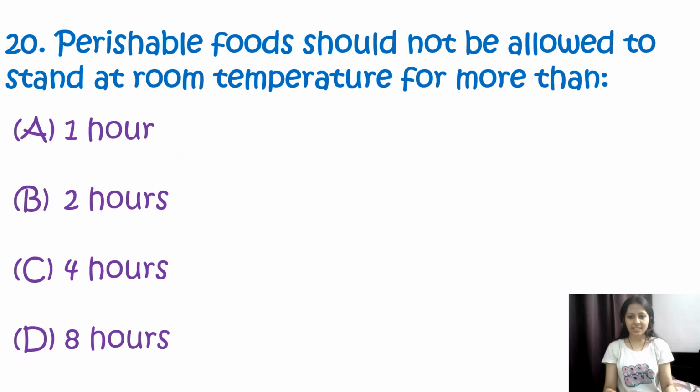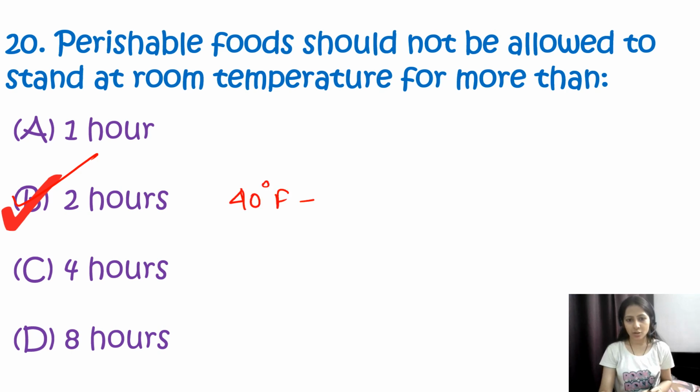Question number 20. Perishable foods should not be allowed to stand at room temperature more than, so the options are 1 hour, 2 hours, 4 hours or 8 hours. So perishable foods should not be allowed to stand at room temperature more than 2 hours. Correct option is B. Now what happens when perishable foods are left at room temperatures between 40°F, as we just read, to 140°F?